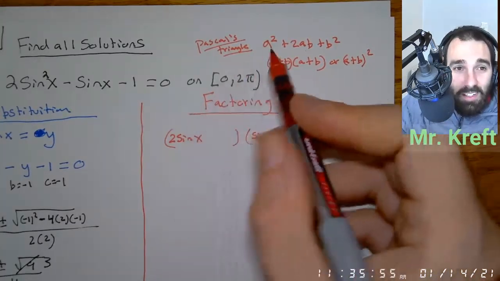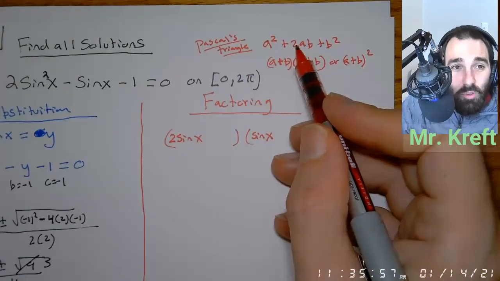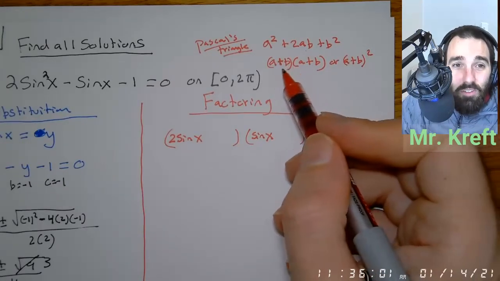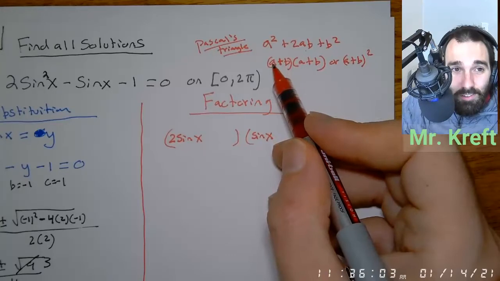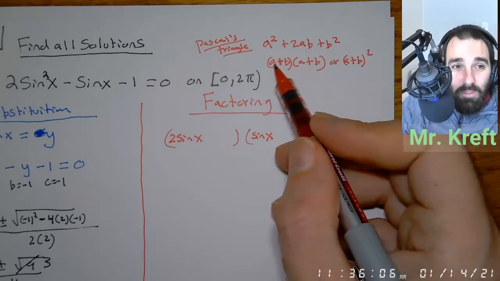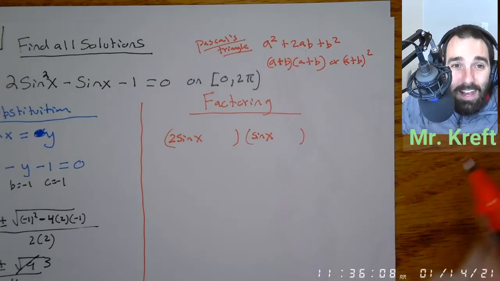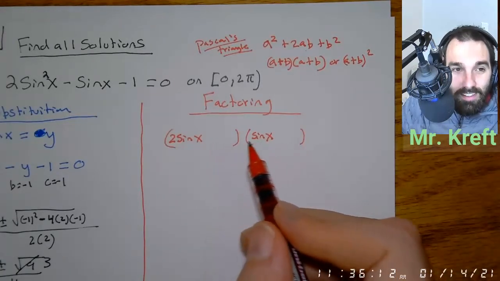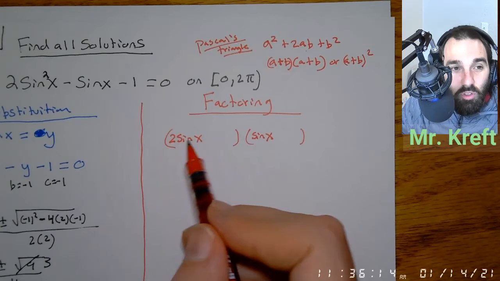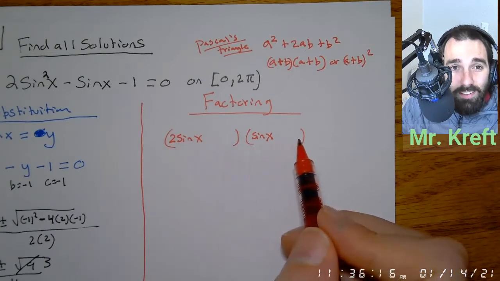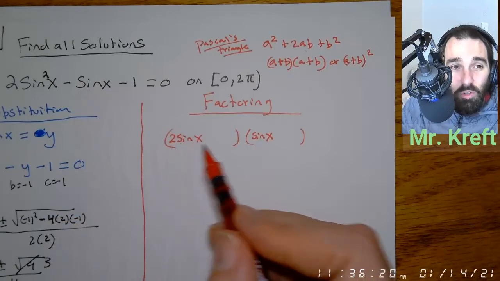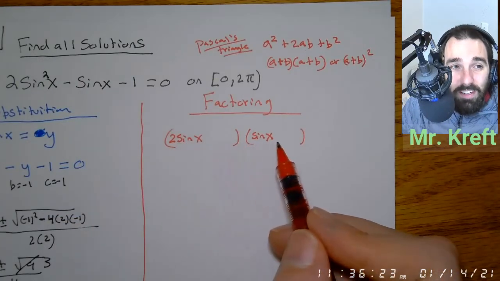So then the next part of that is, notice how it's 2ab. In this case, our a's are different. So basically, it's going to be the first term times the second term, added to each other. So this times this plus this times this. If we have 2 sine, and these are both going to be 1s, and I get negative, that's going to be 2 plus 1.